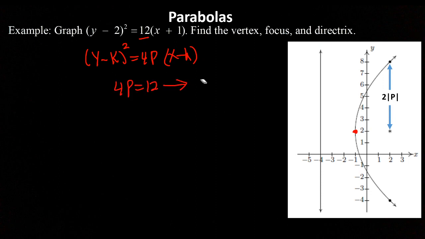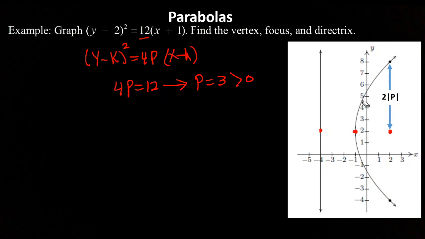So p is 3, right? So that means from the vertex I have to go right 3. -1 plus 3 is 2. And I have to go left 3. -1 minus 3 is -4. So that's my directrix here, and that's my focus, because I know it opens to the right because p is positive.